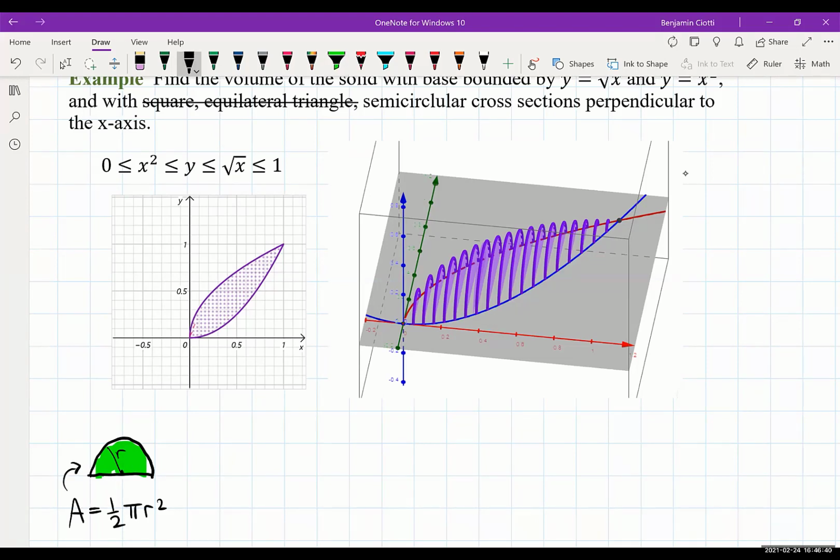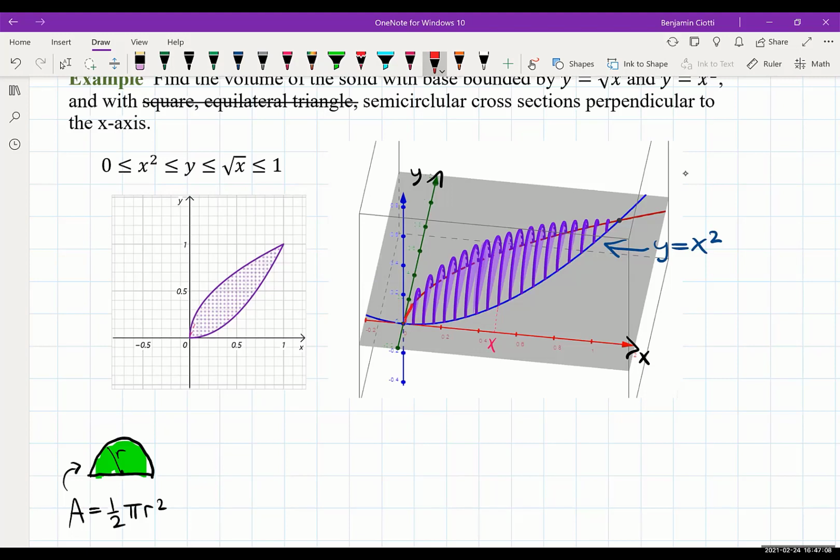So let's see, remember, there's the x-axis, there's the y-axis. Let's pick some arbitrary point on the x-axis. On the blue line, that blue line is where y is equal to x squared.